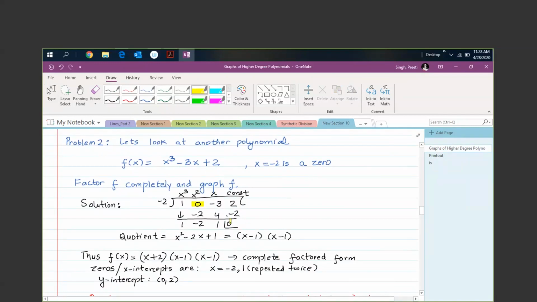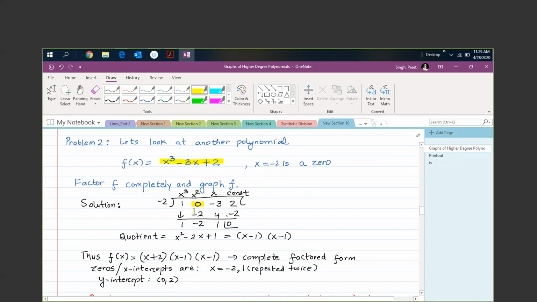So always when you're doing synthetic division, you must have a number for each power of x. If something is missing, for example, in this polynomial x squared is missing, so insert a 0 for that x squared. Otherwise, you won't get the correct answer for the quotient.